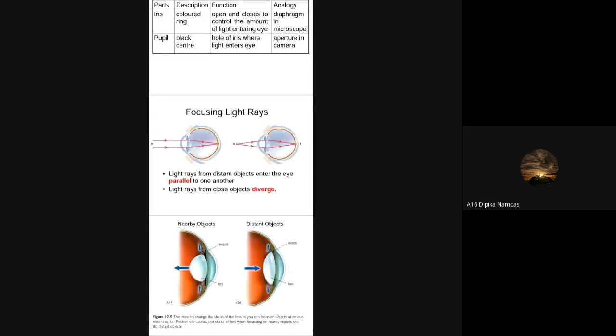Whatever the reflected light from that object, it enters our human eye in a parallel position, and our human lens or human retina can capture these lights and provide them to the optic nerves.